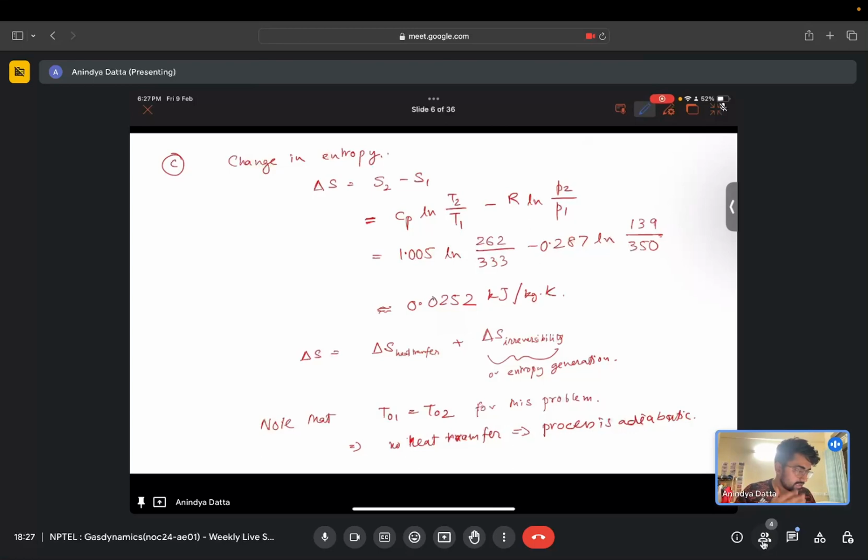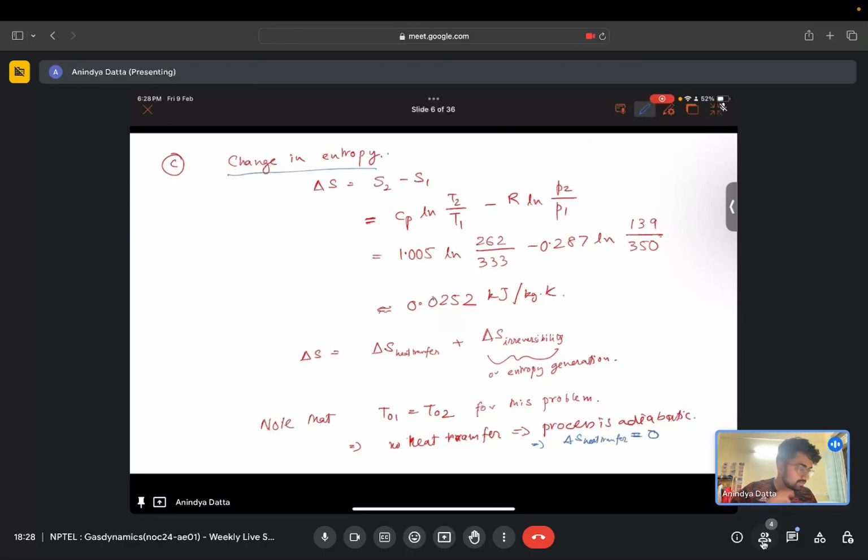Coming back to this change in entropy part, there is no heat transfer, the process is adiabatic, which means that delta S due to heat transfer is 0.